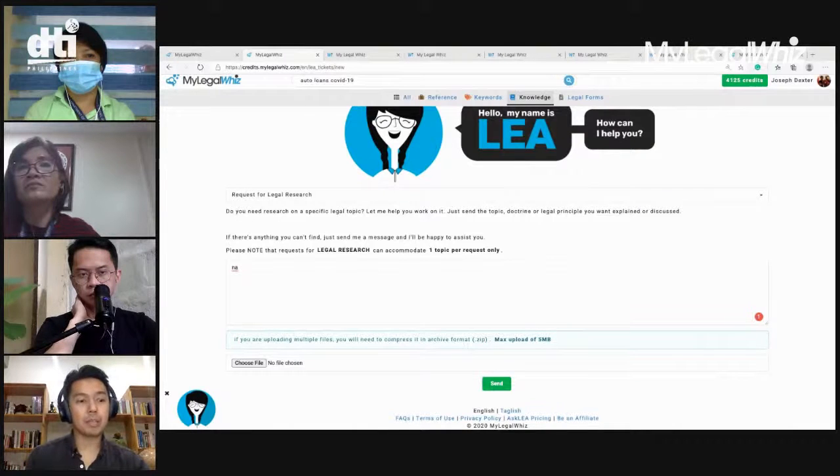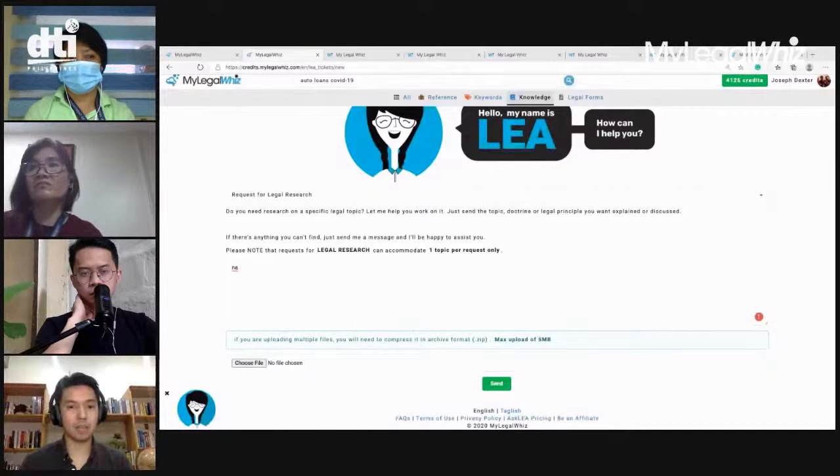Ang dapat is within 30 days from the issuance of the mayor's permit. Kasi nakuha niya yung mayor's permit ng for example September 7, nag-register siya September 10, charge na siya ng penalty.